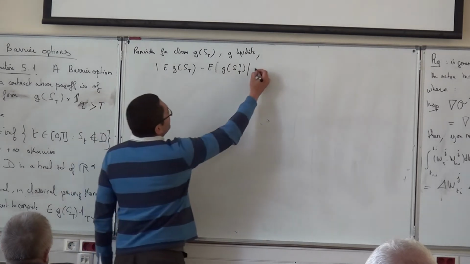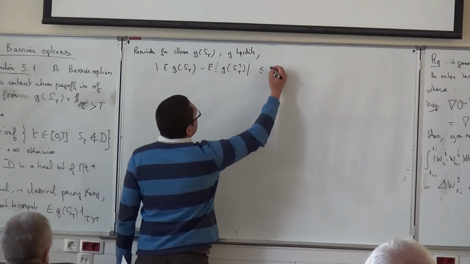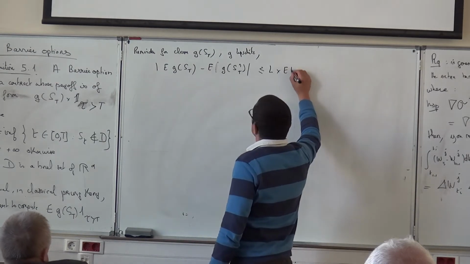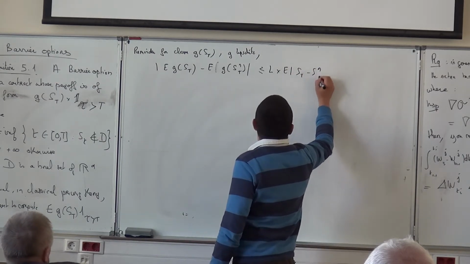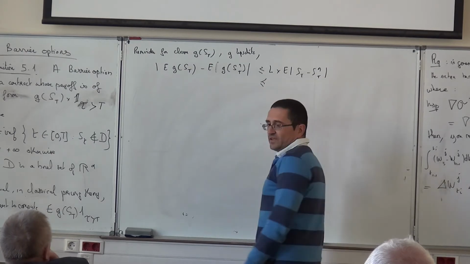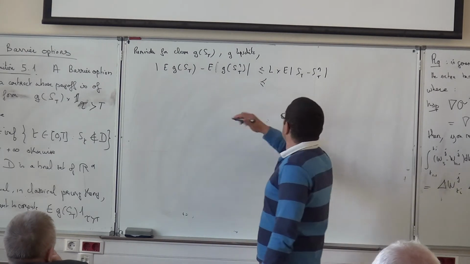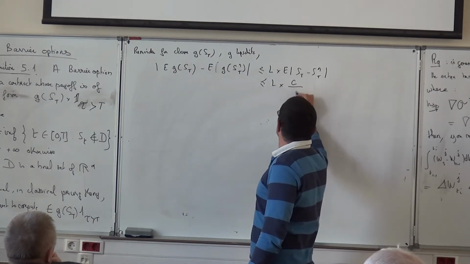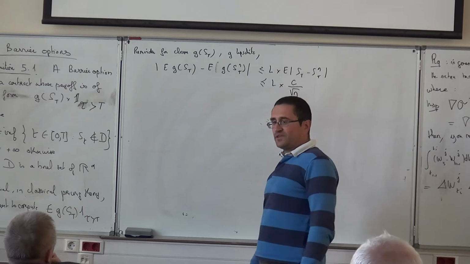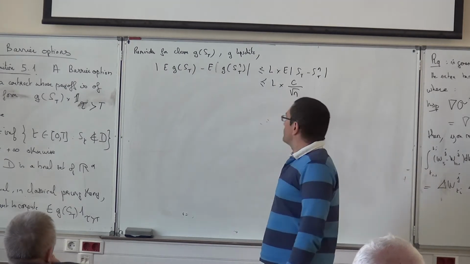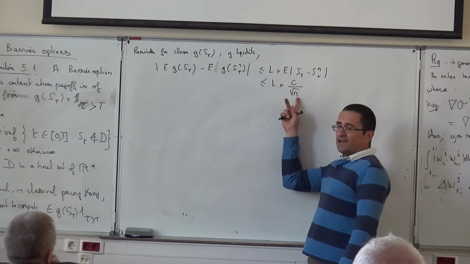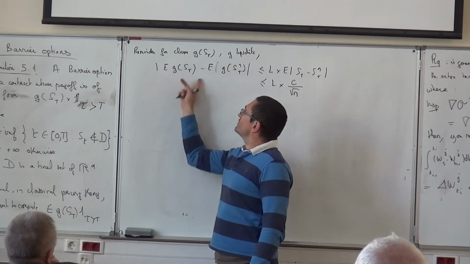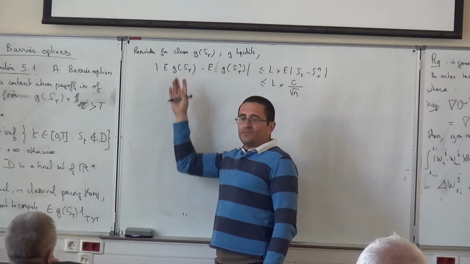Then you use the fact that G is Lipschitz, so that you get a constant times the expectation of ST minus S^n_T, and because of the classical results we have seen, this is less than capital L times a constant over square root of n, meaning that, provided you choose n large enough, this quantity is a good approximation of what you want to estimate.